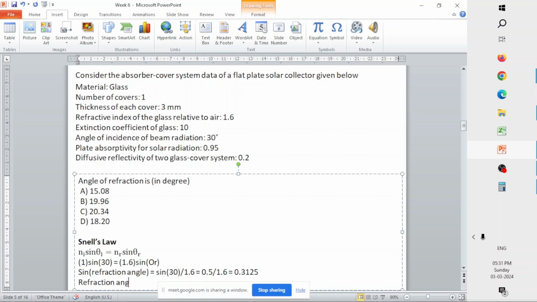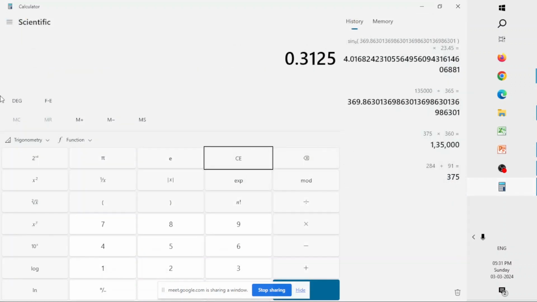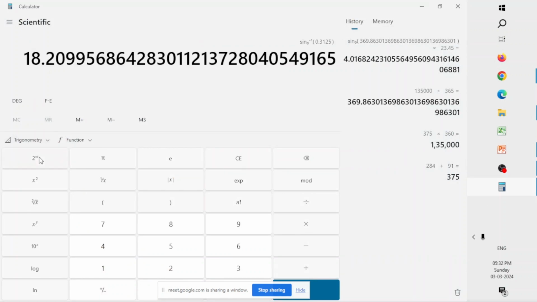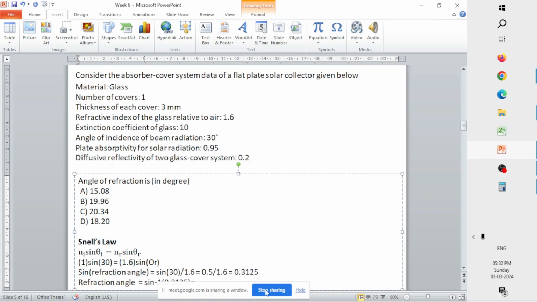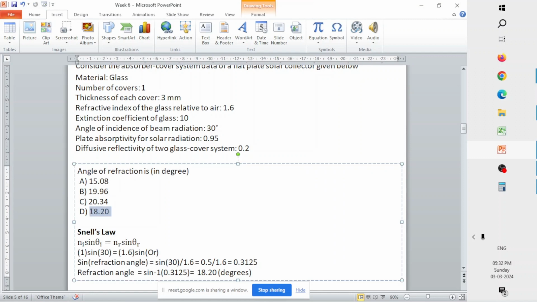So refraction angle is equal to sine inverse of 0.3125, and sine inverse of that is 18.2. So your angle of refraction, the answer is D.